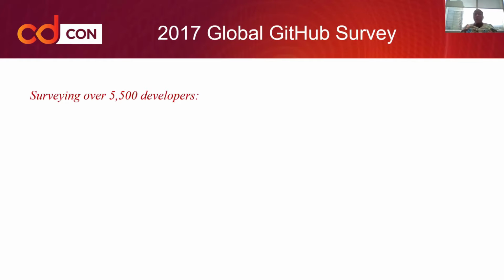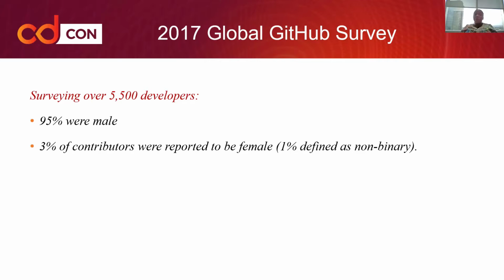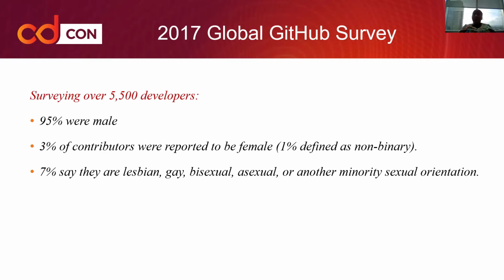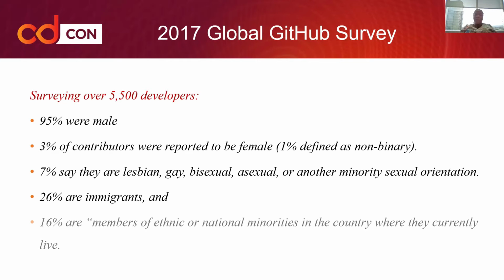GitHub undertook a global survey in 2017, and they surveyed over 5,500 developers. Of all these developers, 93% were male, 3% of contributors were reported to be female, 1% defined as non-binary, 7% say they are lesbian, gay, bisexual, asexual, or another minority sexual orientation, 26% are immigrants, and 16% are members of ethnic or national minorities in the country where they currently live.